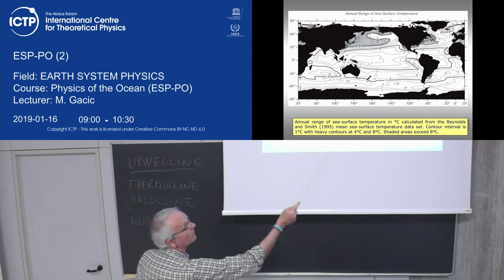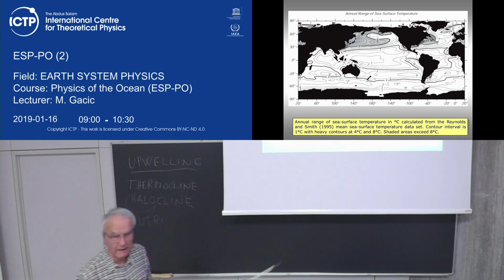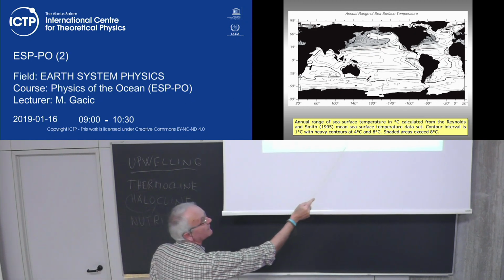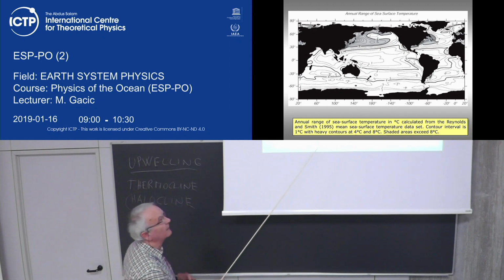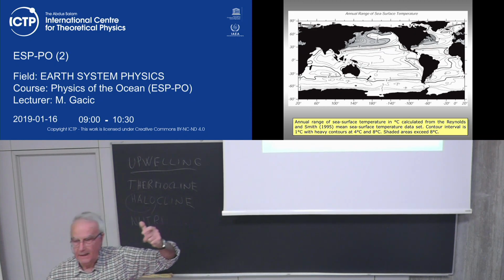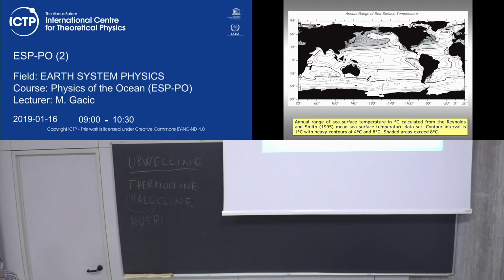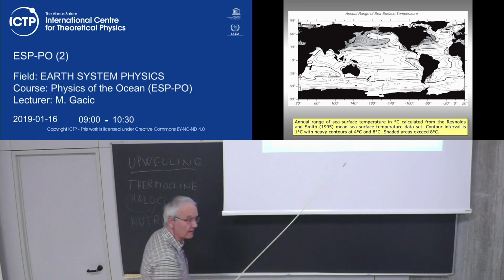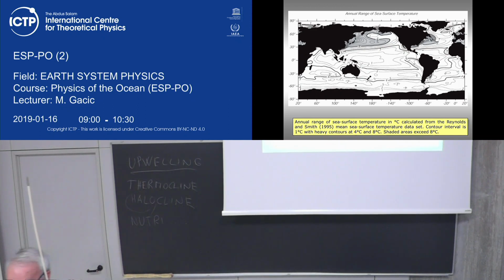We go back and find out that this is the area where we have the western boundary current. The western boundary current is present in terms of the annual range of the sea surface temperature, I would say, simply because in this area the seasonal variability of sea surface temperature is high.